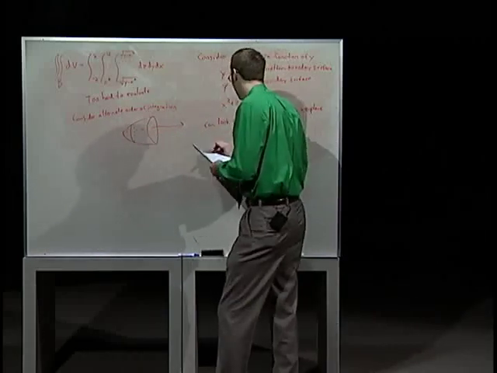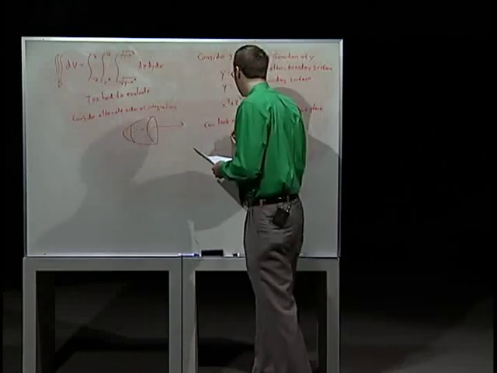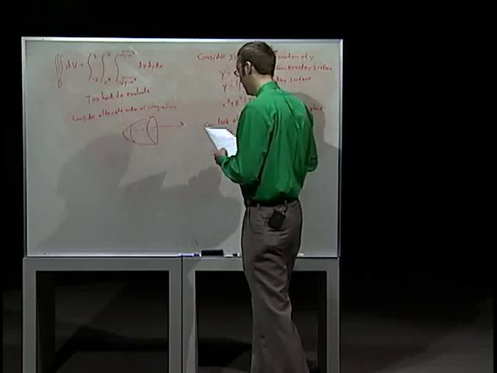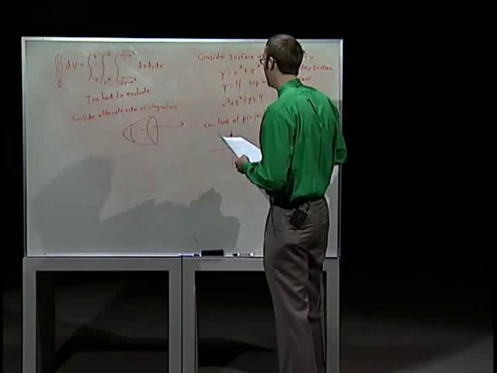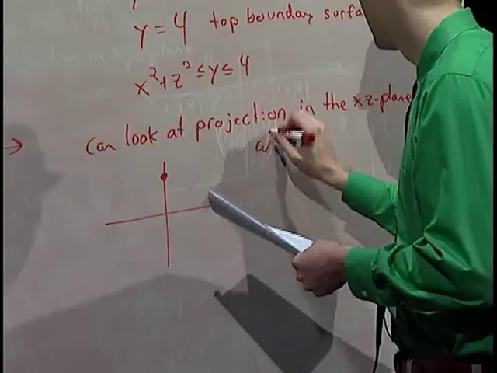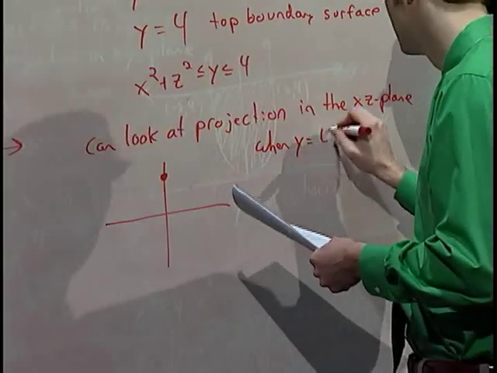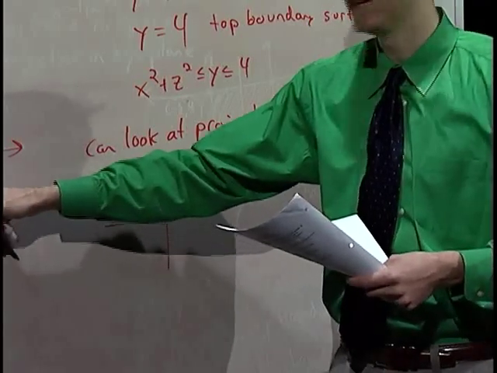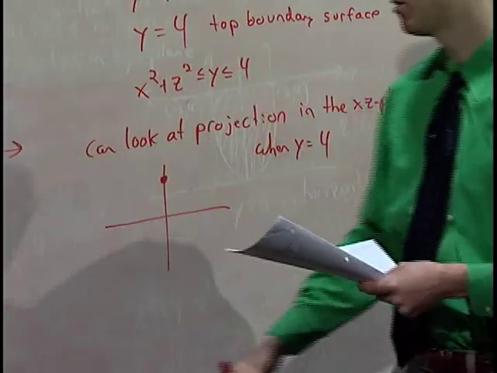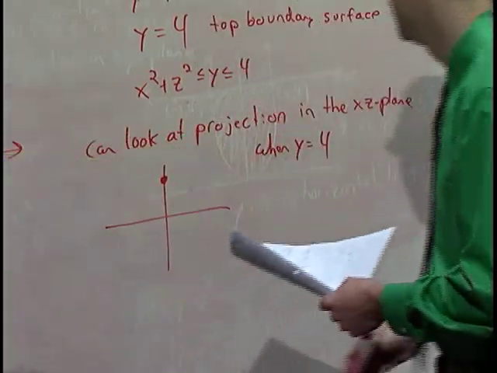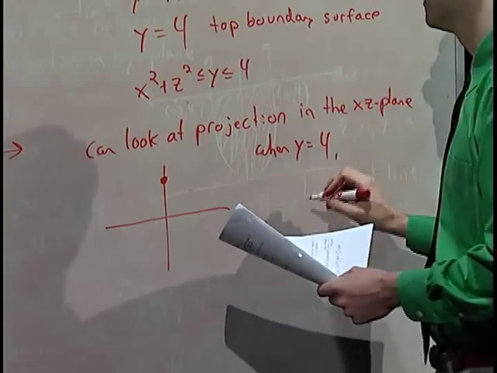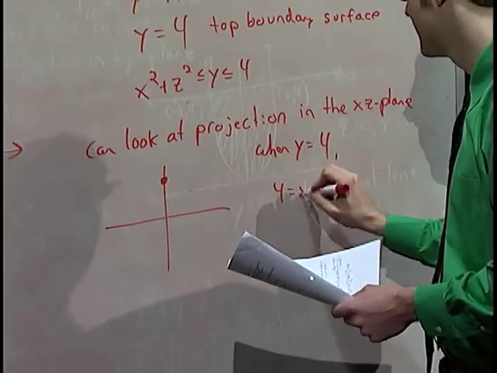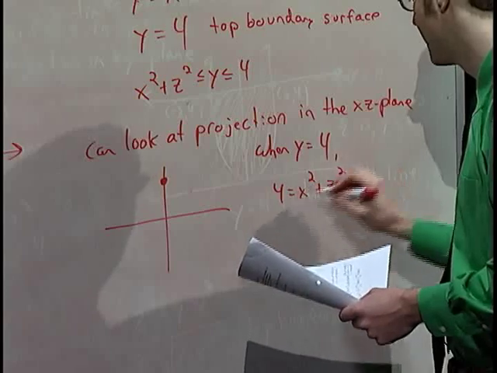In particular, when y equals 4 is the biggest cross section that there is, right? This is the biggest circular cross section that gets progressively smaller until we're down to a point, right? So when y equals 4, what we have is 4 equals x squared plus z squared.